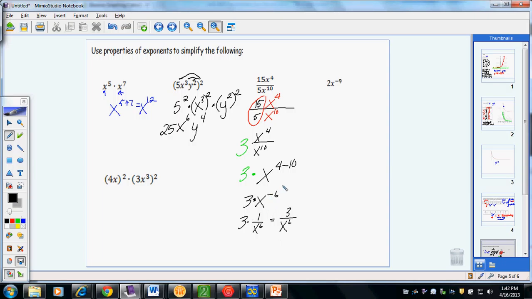Using this same rule, this should be pretty easy. It's 2 times x to the negative 9. But again, x to the negative 9 says we flip the base and make the exponent positive. So we have 2 over x to the 9th.